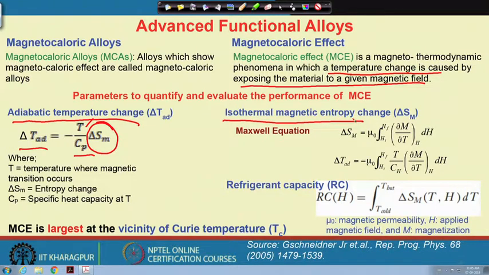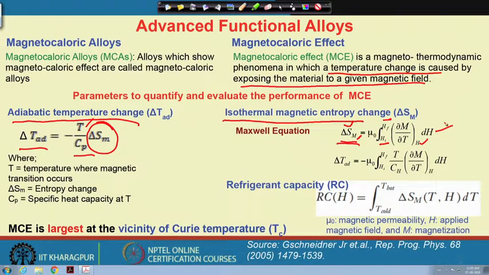Now, this magnetic entropy change we actually measure by using the Maxwell equation. The Maxwell equation says that delta Sm, the magnetic entropy change, is equal to mu 0 times the integration from the initial magnetic field to the final magnetic field of dM by dT, the change of the magnetic moment with temperature at a given magnetic field, dH.